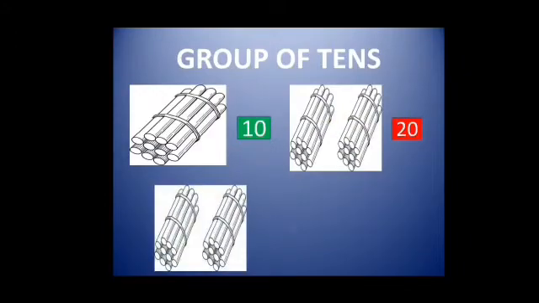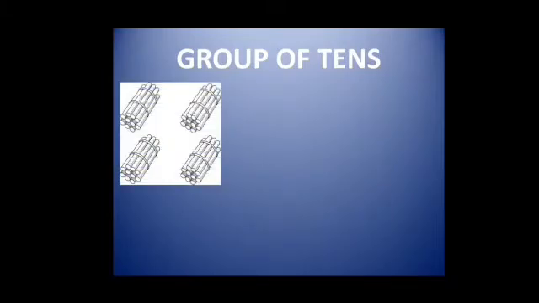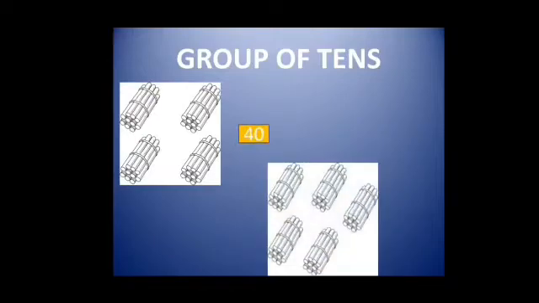Again, three groups of tens or three bundles of sticks makes 30. Next, 4 groups of tens or 4 bundles of sticks together form 40. And 5 groups of tens or 5 bundles of sticks makes 50.